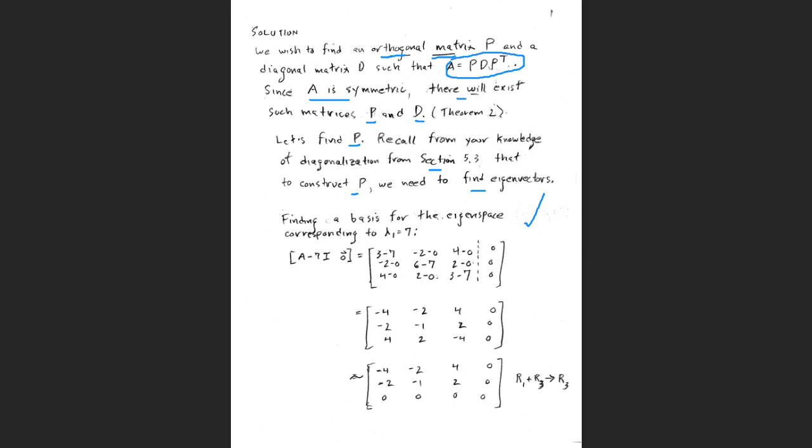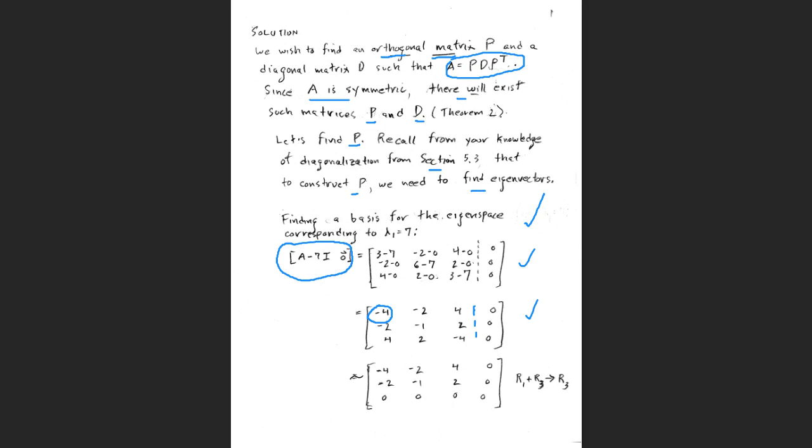So, okay, we need to solve the augmented matrix. Okay, this augmented matrix here, when lambda 1 equals 7. So I set it up, and we are going to use this -4 here as a pivot.